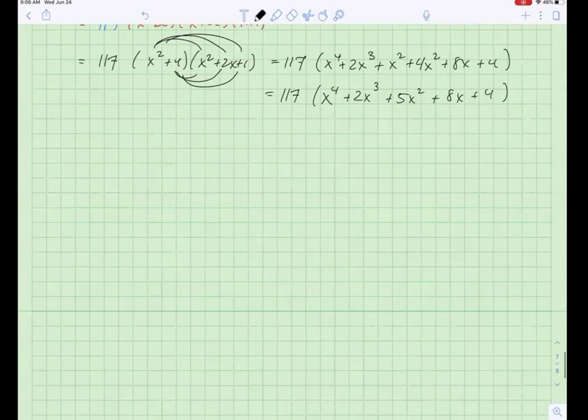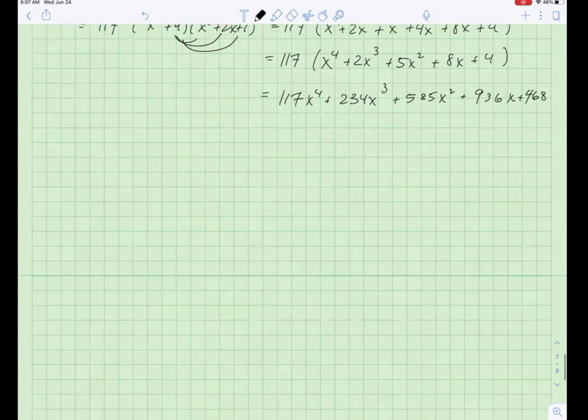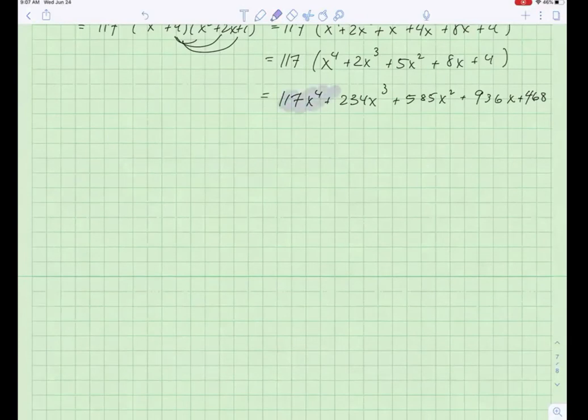And I'm not looking forward to this arithmetic, but let's see. 117x to the 4th plus 234x cubed plus 585x squared, and then 8 times 7 is 56. Carry the 5, 8, 13. Carry the 1, 936x plus 8, 6, 4, something like that. Gross. Not sure why the book chose 117 just to make it ridiculous. But that's the polynomial with all of those features.